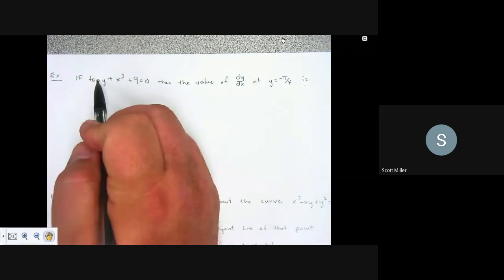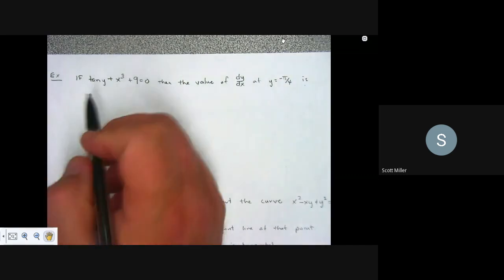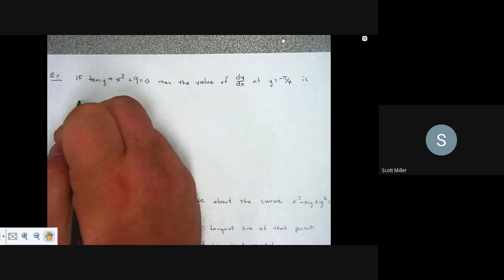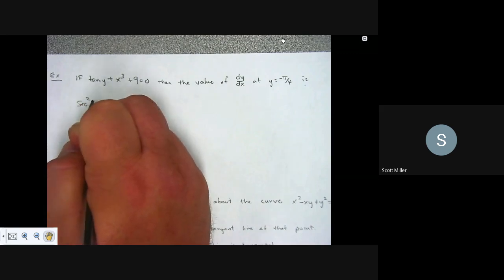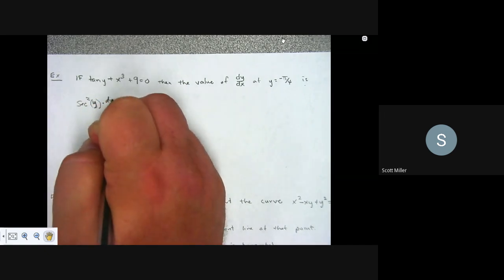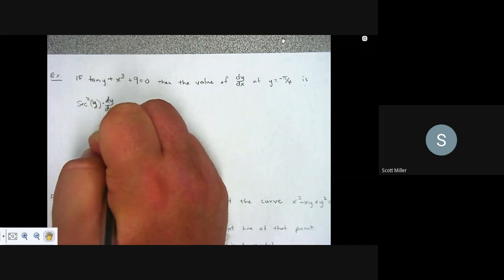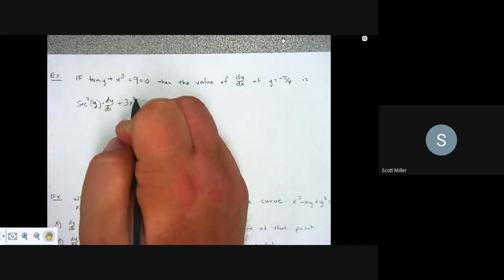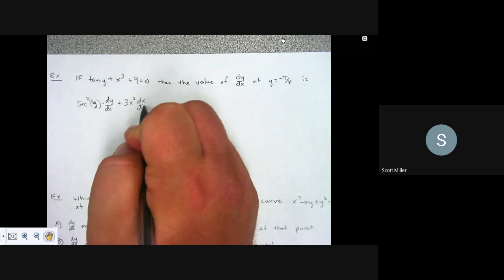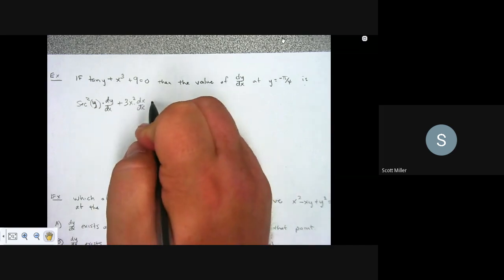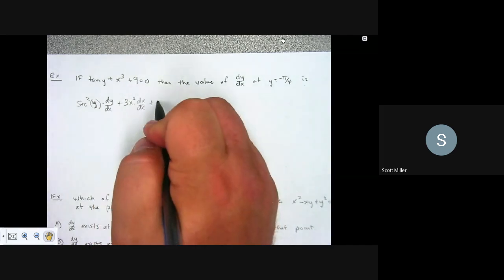So what is the derivative of the tangent? The derivative of the tangent is secant squared. So this becomes the secant squared of y, chain rule, times dy/dx, plus 3x squared dx/dx, plus the derivative of 9 is 0.